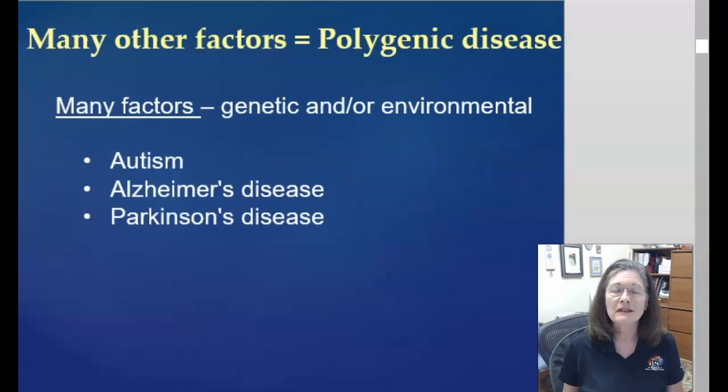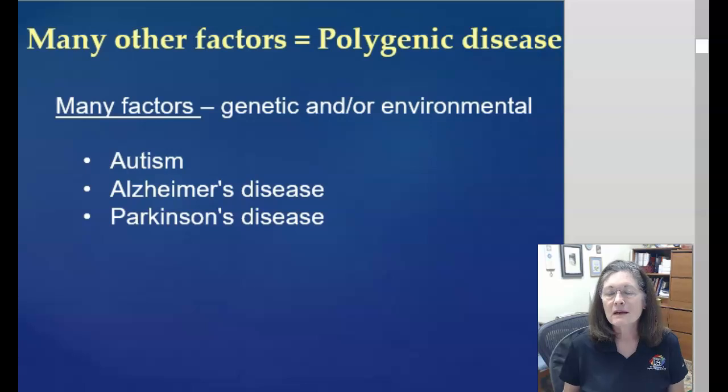Then there's the conditions that result from many other factors, polygenic disease. And you, I'm sure, have heard about the genetics of many of these things. For example, autism, Alzheimer's disease, Parkinson's, many mental health disorders, schizophrenia, for example, are thought to be caused by a multitude of genetic factors that all converge on a single pathway to make something non-functional and result in disease.